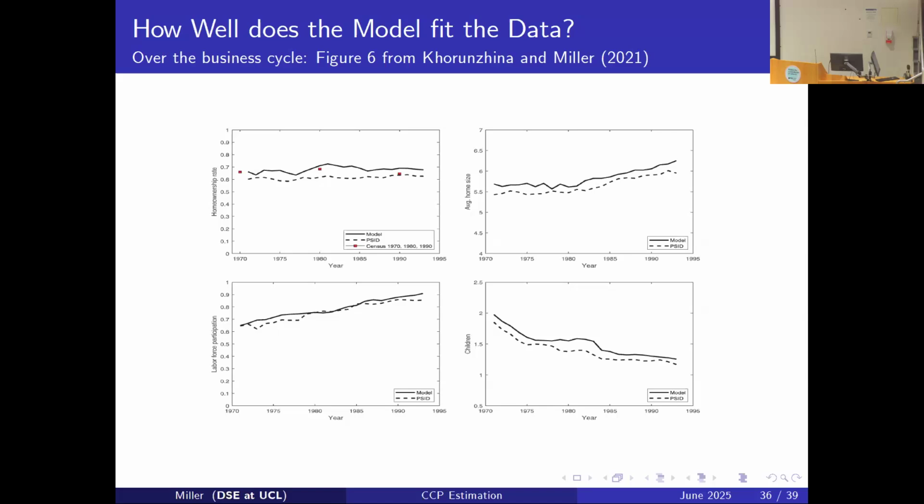And that's a little bit weird too, because the PSID, which is how we estimated the thing, is decidedly lower than what the model predicts. But on the other hand, it's closer to what the census does. Again, with the home size, we're a little bit high here, but basically the right trends. And labour force participation, more or less tracking, and likewise children, except we're a little bit high all the way down.